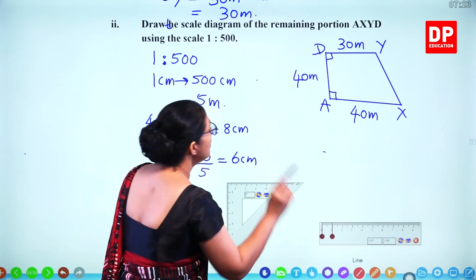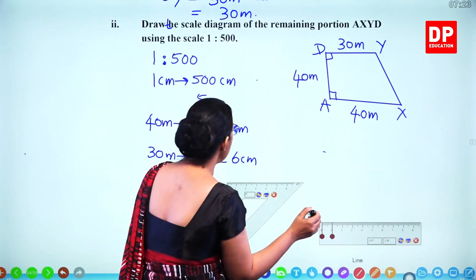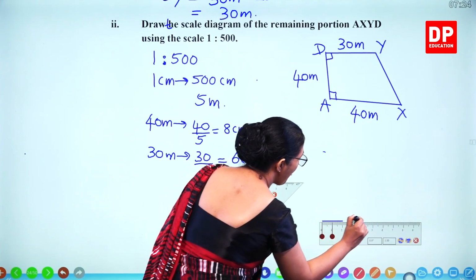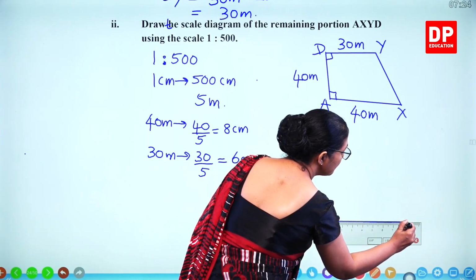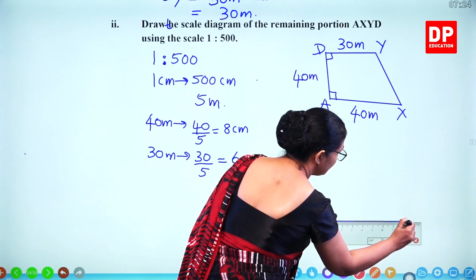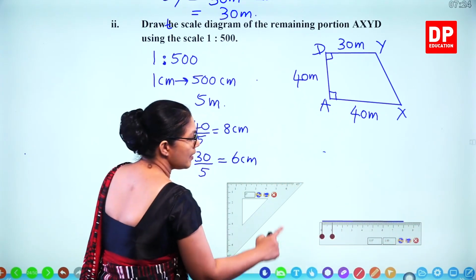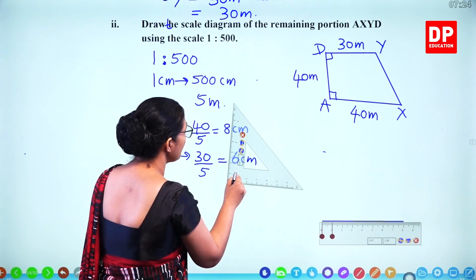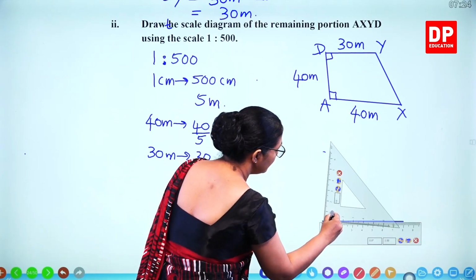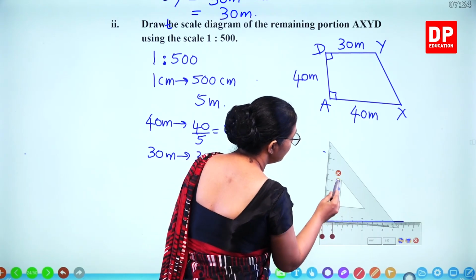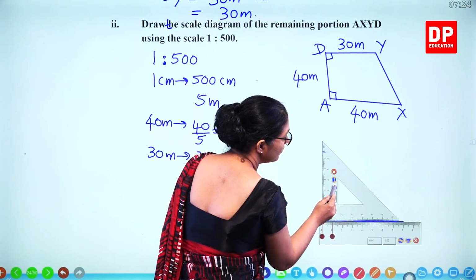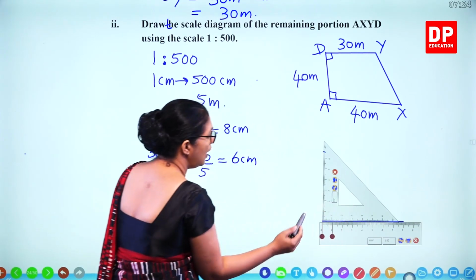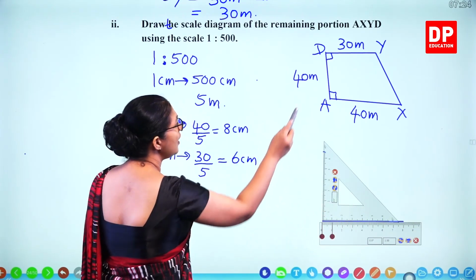So first we'll draw AX, that's 40 meters, which means 8 centimeters. From here to here, 8 centimeters. Then you can keep the set square and draw the perpendicular height.